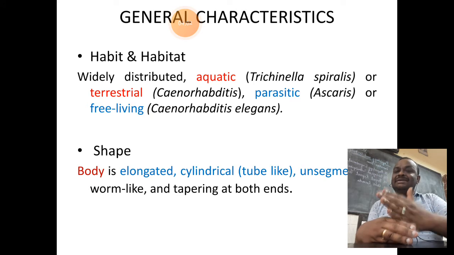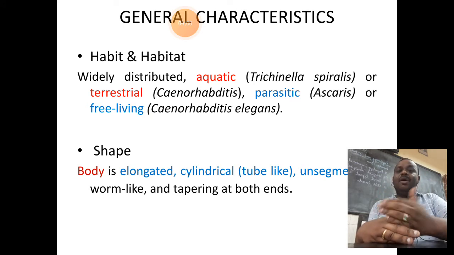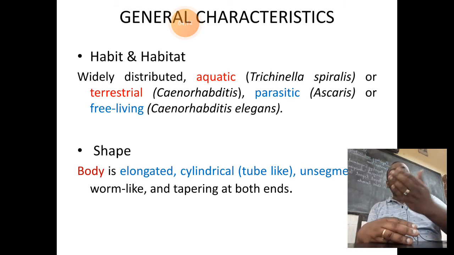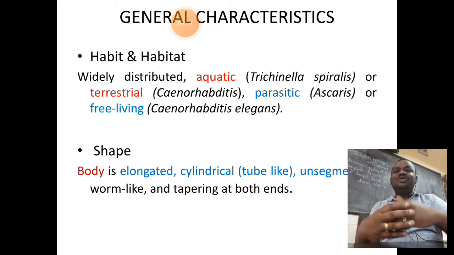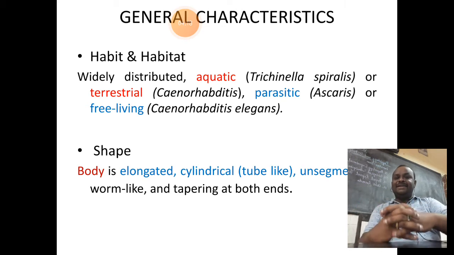They have an elongated body like worms, and live in places where they are free living, or they could be parasitic. They could be aquatic and they could even be terrestrial. So, we have all the modes of distribution of these organisms.